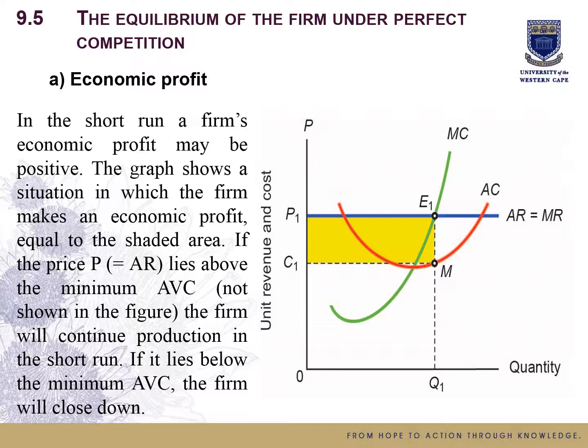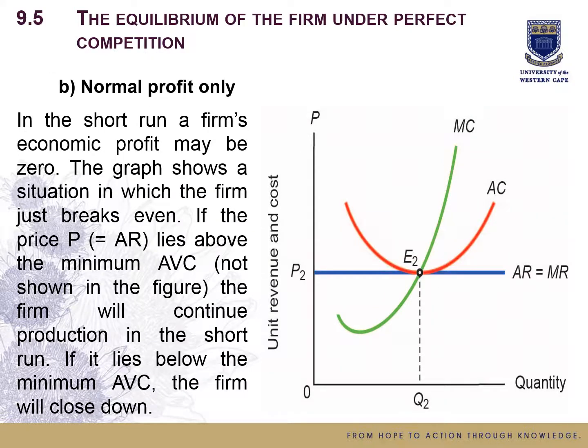This amount of economic profit can also be calculated as total revenue minus total cost, where total revenue is equal to P1 multiplied by Q1 and total cost will be equal to C1 multiplied by Q1. Then total revenue minus total cost will be equal to the shaded area P1, C1, M, E1.